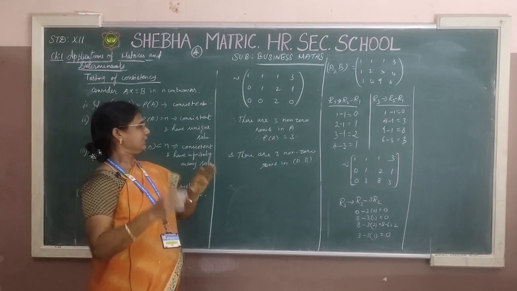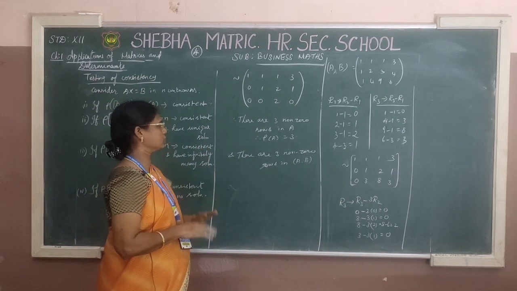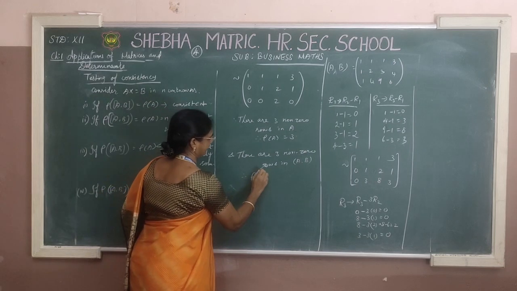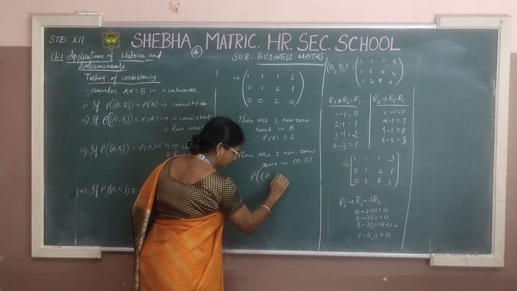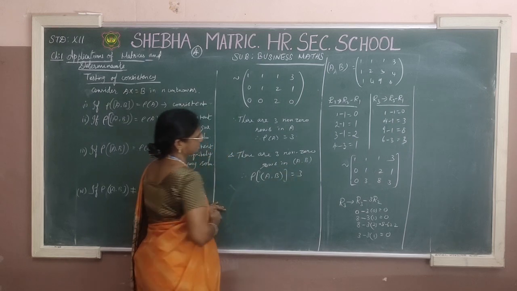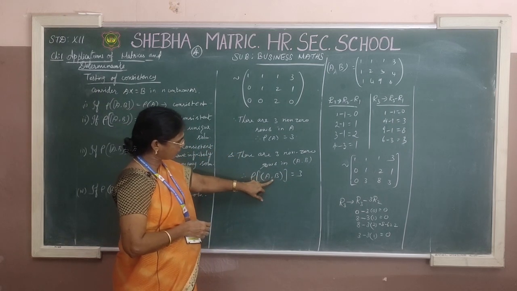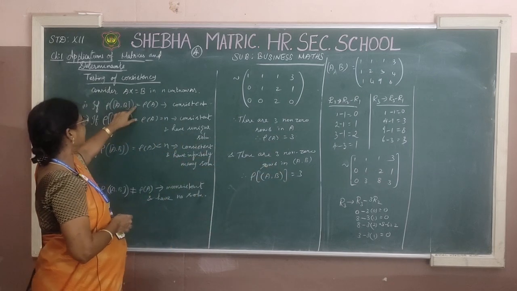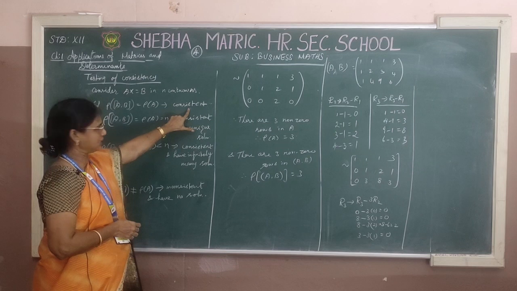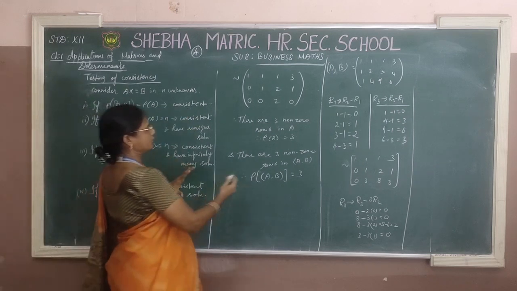So, the rank of the augmented matrix AB is also 3. So, rank of A comma B and rank of A, these two are equal. If these two are equal, it means it is consistent.